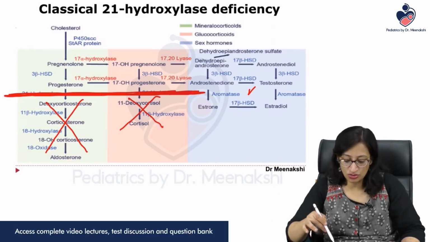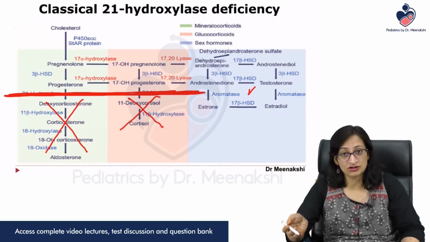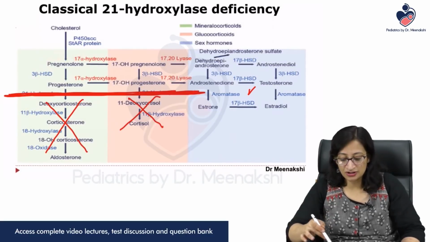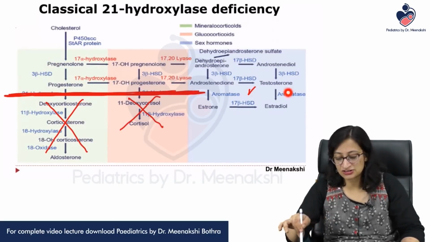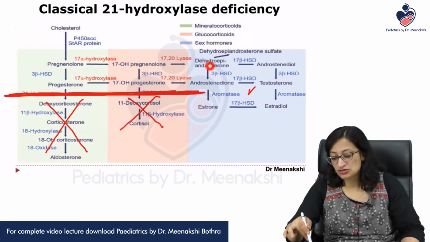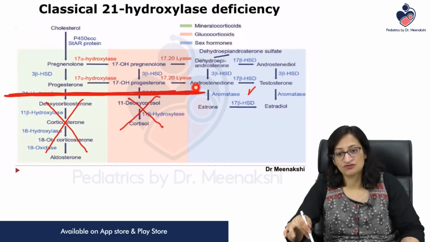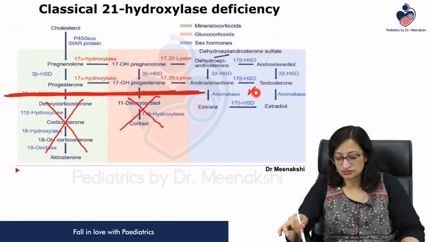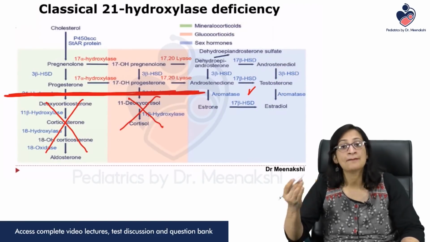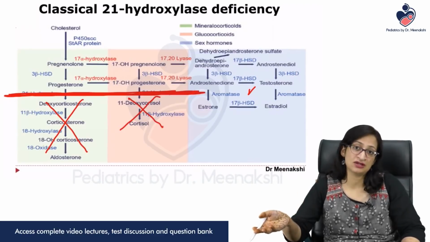Because the mineralocorticoid and glucocorticoid pathways cannot be completed, all the precursors will get shunted in excess to the sex steroid pathway. So an excess of sex steroids will be formed. This excess testosterone will give rise to ambiguous genitalia in a female.